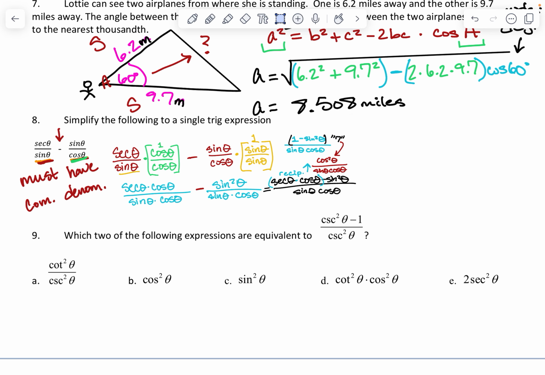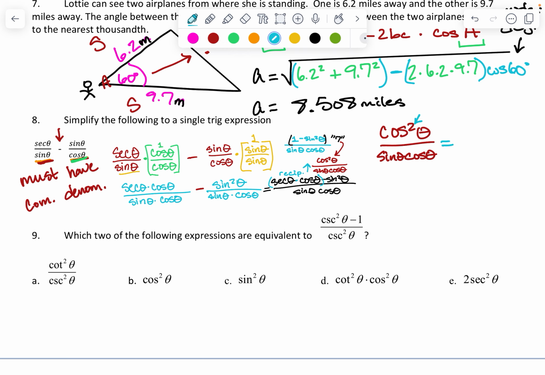All right, so picking up here, I've got cosine squared theta over sine theta and cosine theta. Now, some of you are good at canceling this out as is, but if you don't feel comfortable canceling things out, you could go ahead and rewrite this. See how that's squared right here?